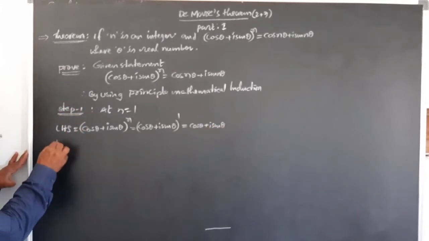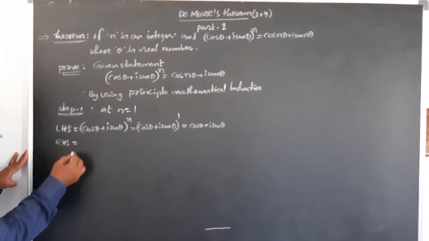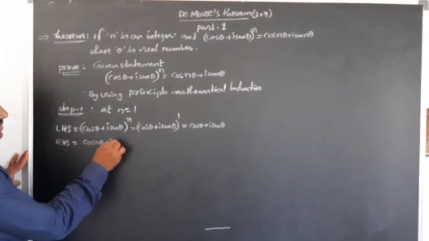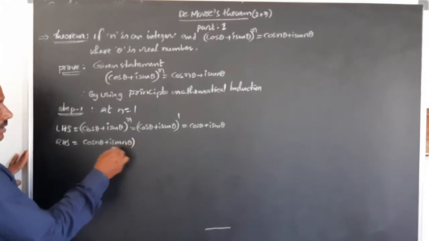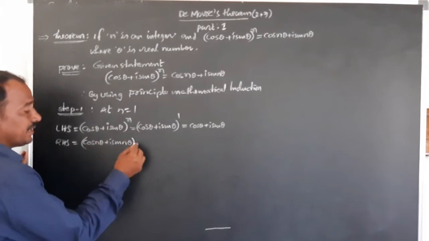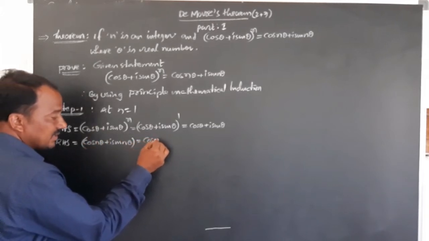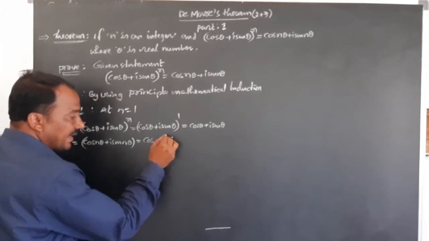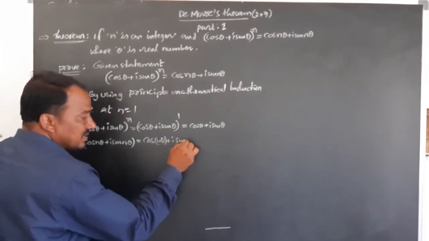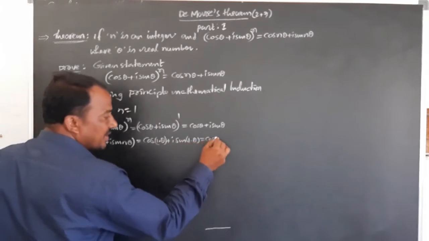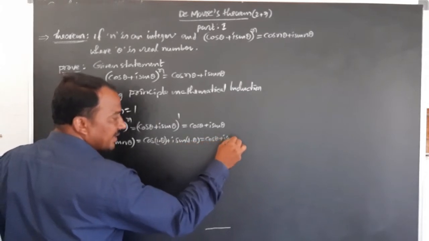And the RHS is cos n theta plus i sin n theta. Substitute the value n equals 1: cos 1 theta plus i sin 1 theta equals cos theta plus i sin theta.